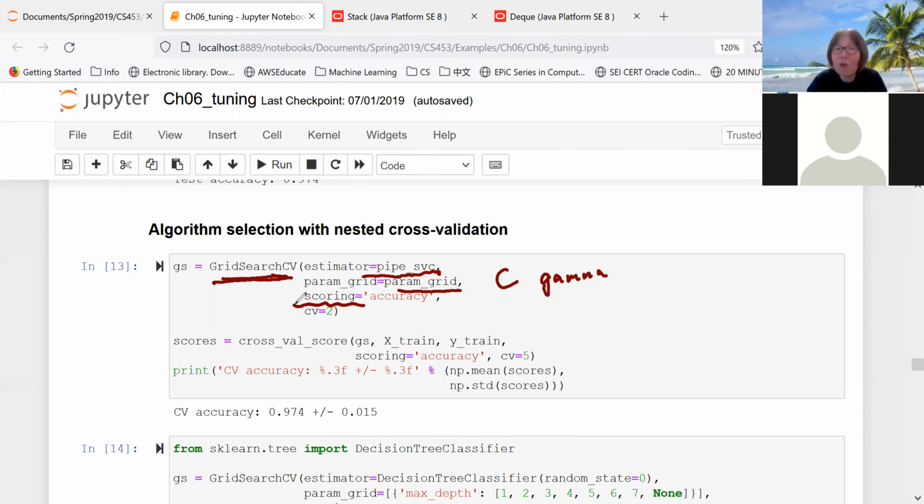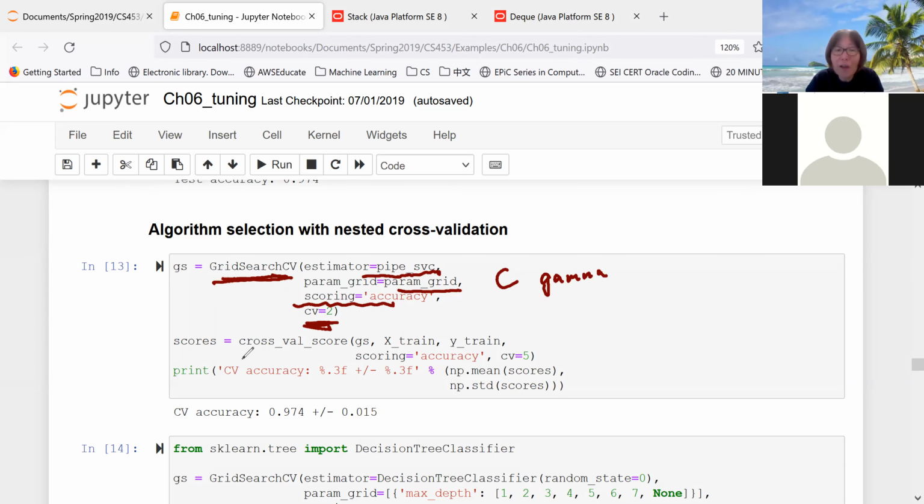Then you also provide what kind of scoring, because previously we also learned other scoring for performance metrics, not just accuracy. You can also use the confusion matrix, like precision, and other performance measures. And the cross-validation fold is 2. So this is within the grid search.